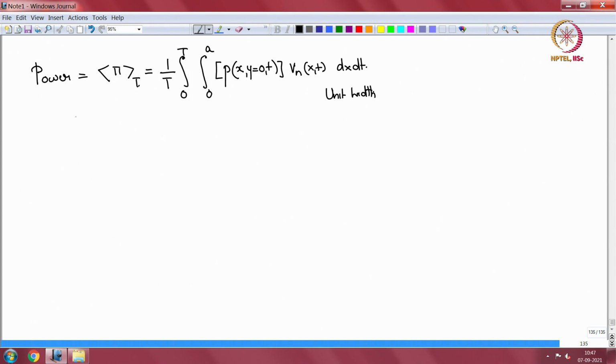Now we know that the time can be removed, and we get 1/2 real part of integral 0 to a of P tilde at x comma y equal to 0 into V tilde n conjugate of x dx.